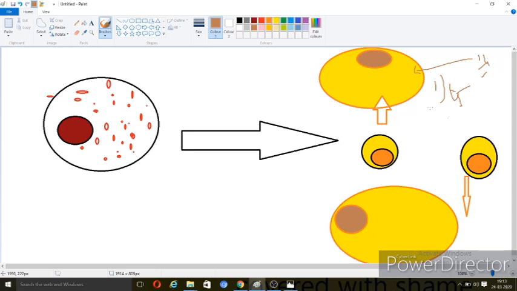Second, they have to produce protein. Third, they have to produce RNA. And another is they have to duplicate DNA.